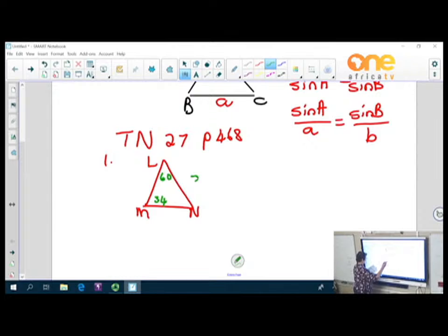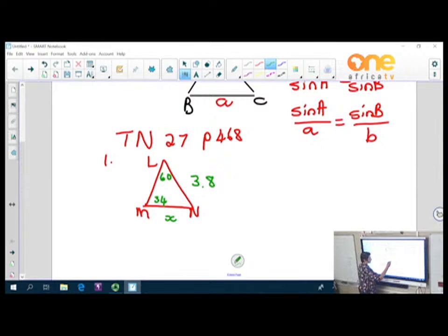LN is 3.8 centimeters, and this is what we need to calculate, MN. So if you look here, you can see I've got a side and an angle, an opposite side and an angle, and the same thing here. And that's when we're going to use that sine rule.